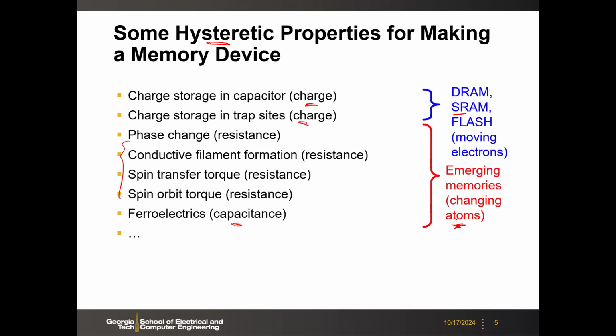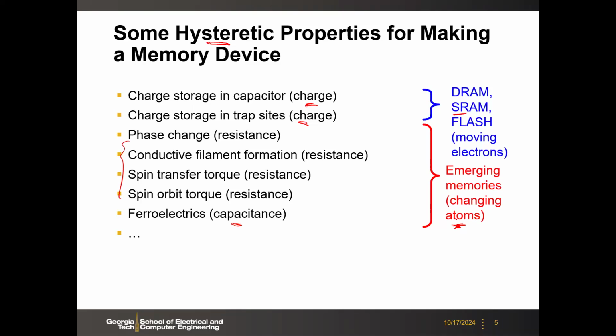So that brings a trade-off. Charges are easier to move. That means they may also be easier to lose. So that's why you can have the retention and other issues with the charge. But it's fast and lower energy to move the electrons.